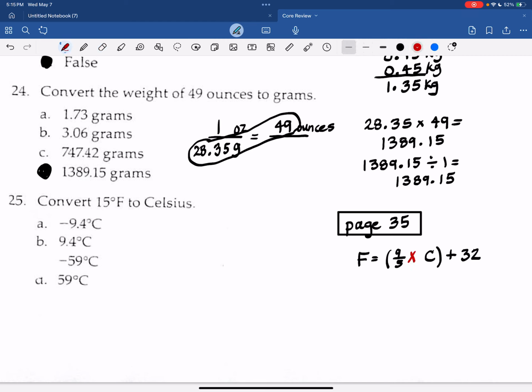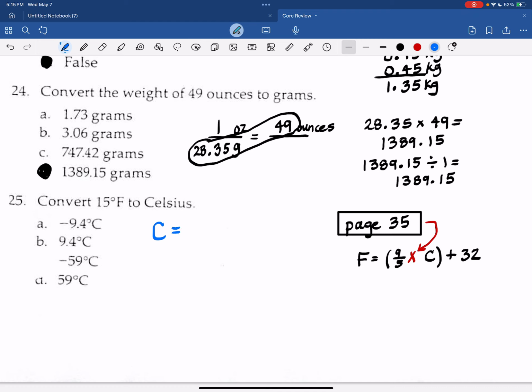Okay? That formula is actually not the one I need for this problem, but that formula is wrong. So I want you to fix that before you try to do those problems, or you will make a mistake. But while you're there, go ahead and get the Celsius formula, because we're looking for Celsius.